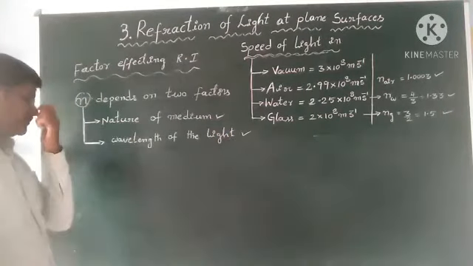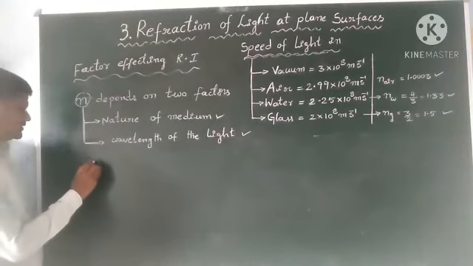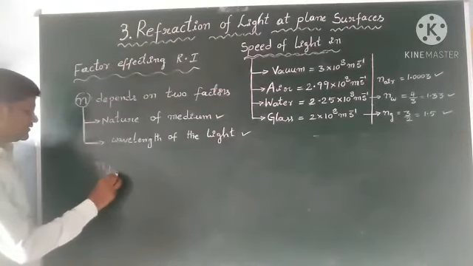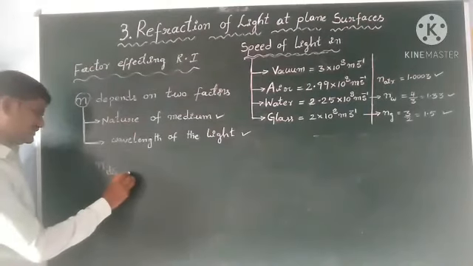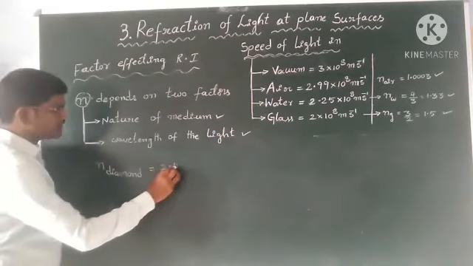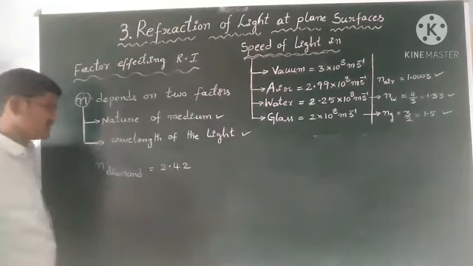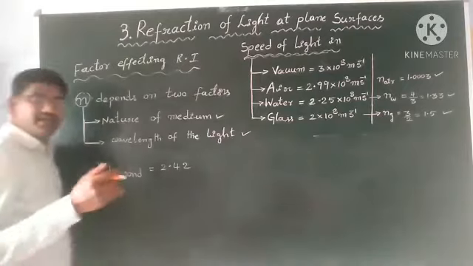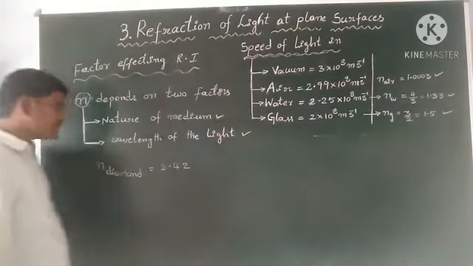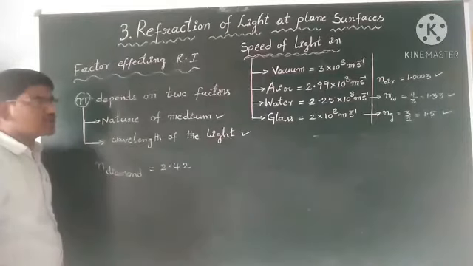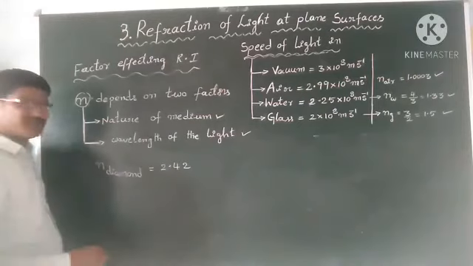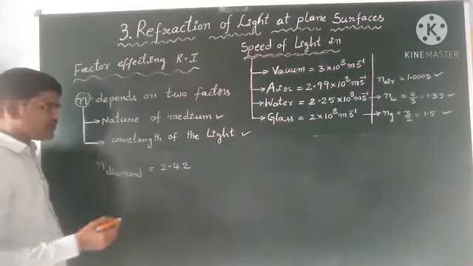And see, the refractive index of diamond is 2.42. If a medium has a high refractive index, it is said to be an optically denser medium compared to other media.